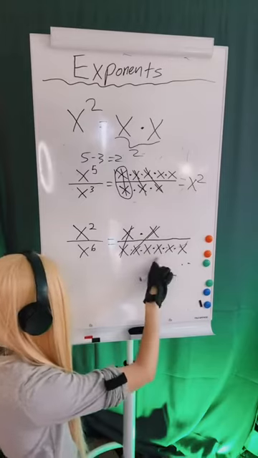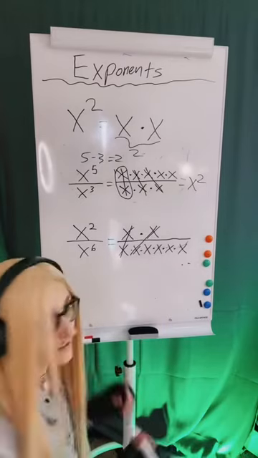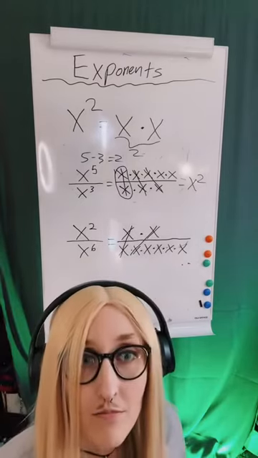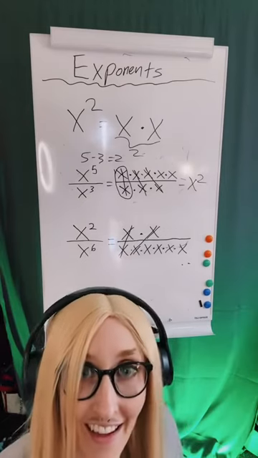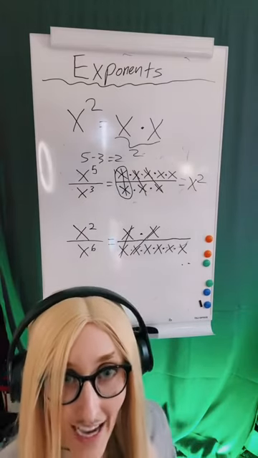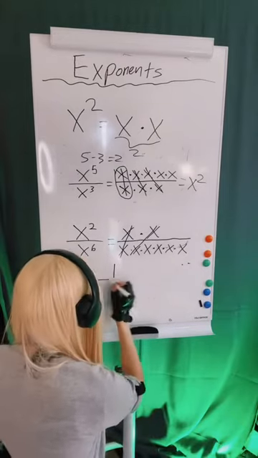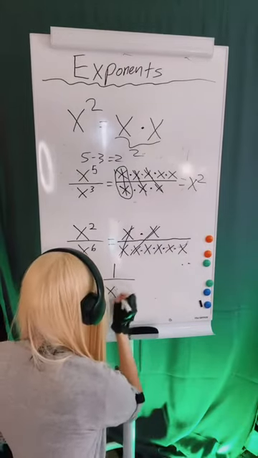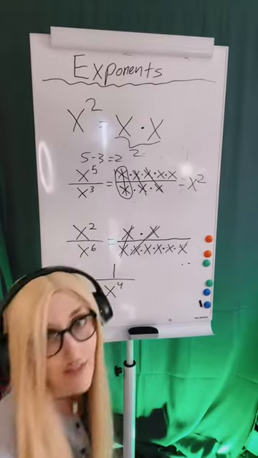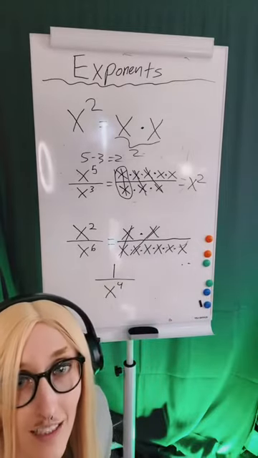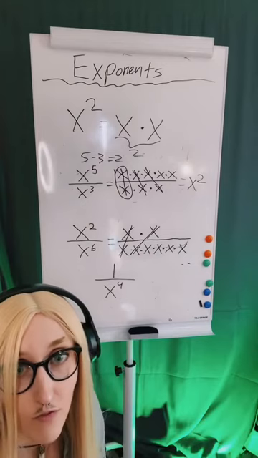So now I have 4 x's left on the bottom. So a way we could write this out is 1 over x to the 4th. And that would be its fraction form. That is its final form.